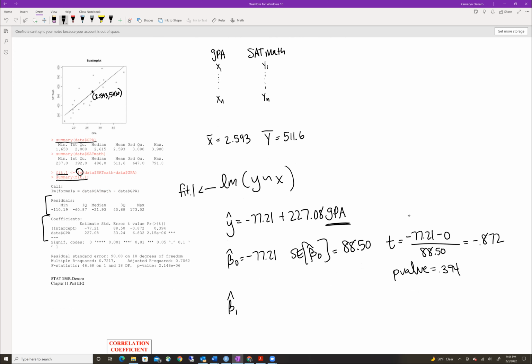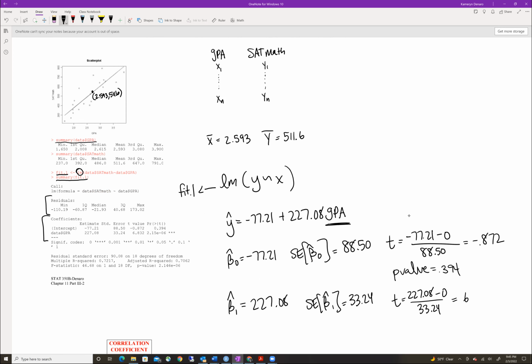All right. Similarly, we could get beta hat 1, and that is equal to 227.08. The standard error of beta hat 1 is 33.24. Our t-value, if we're testing the slope of no relationship, is 227.08 minus 0 over 33.24.